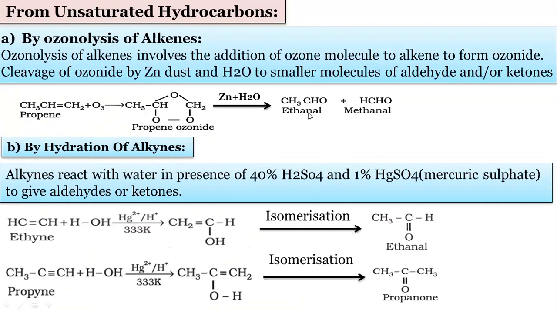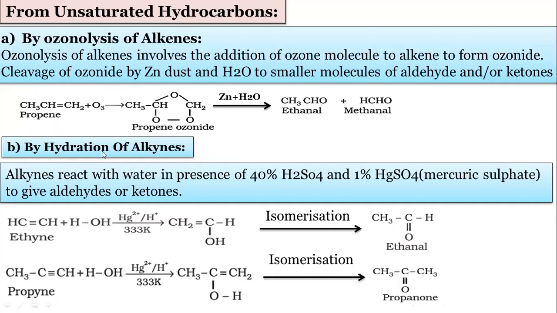We get 2 molecules of aldehydes or 2 molecules of ketone. One is ethanal. These products depend upon what type of alkene is used here. The product may change if the alkene used is different. So this is the ozonolysis reaction. Once again, you studied this reaction in 11th standard. Practice at home.